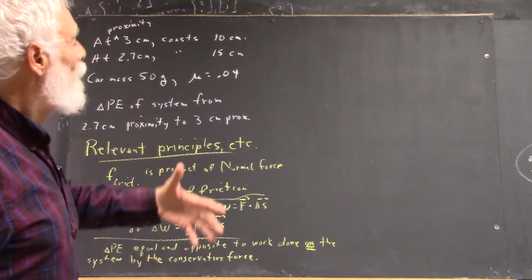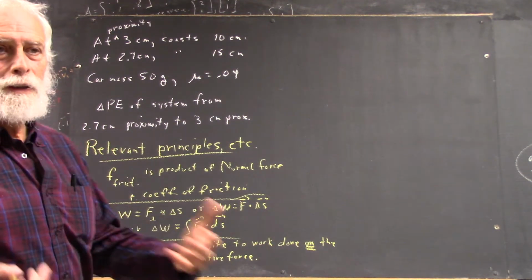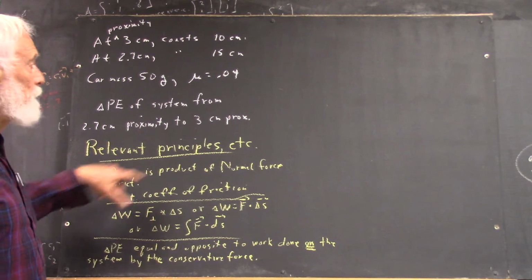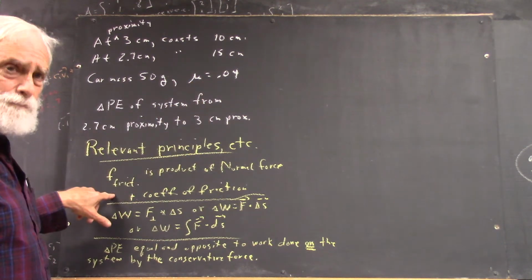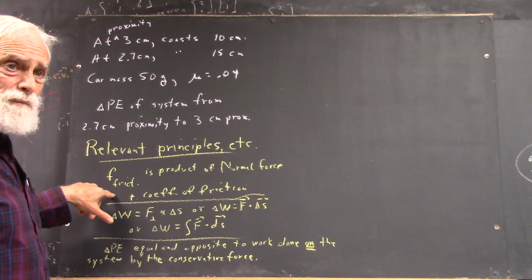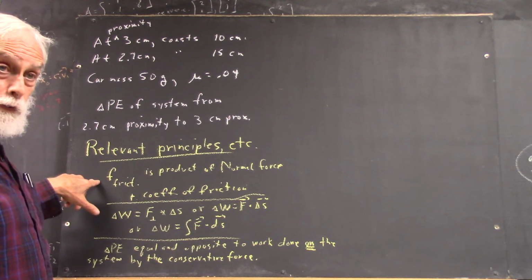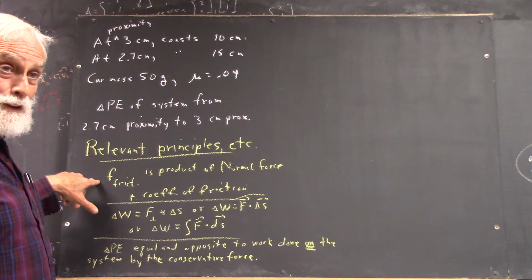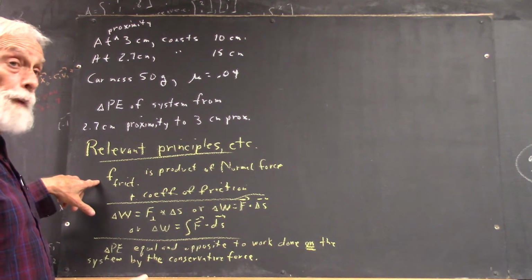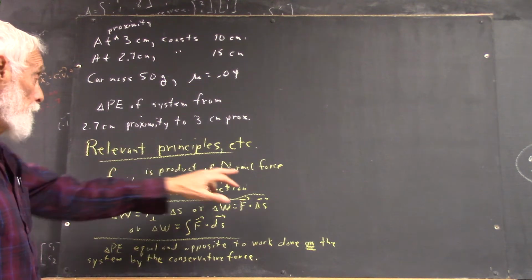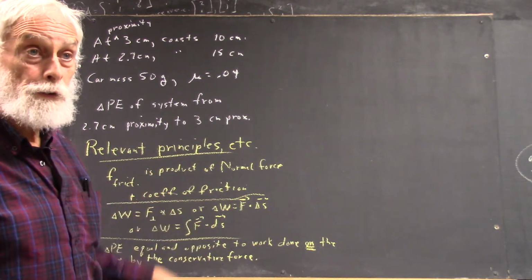Anyhow, that comment led us to, well, what forces and so forth, and it led to the fact that we got the coefficient of friction, so we could hopefully find the frictional force. So the principle is, what's frictional force? Okay? We haven't talked all that much about it, but we've talked enough about it that you ought to have the idea that it's a product of the normal force and the coefficient of friction.